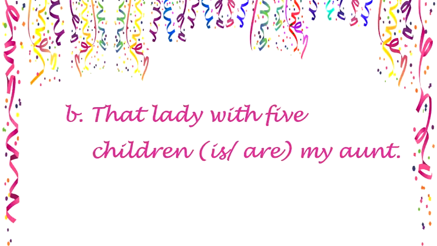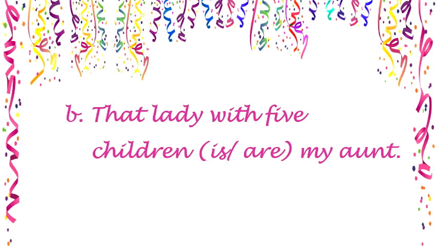Next we have that lady with 5 children is or are my aunt. Now dear children, the subject is which comes before the helping verbs. First of all, you should know this. Then in these words, that lady with 5 children. Whom are we talking about?